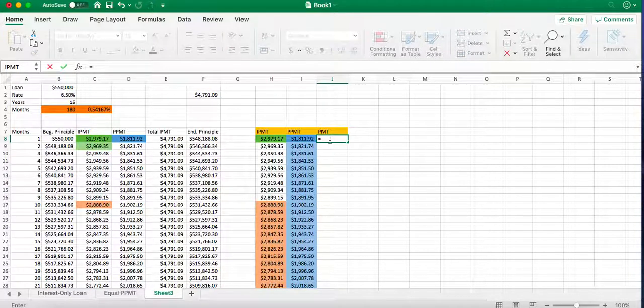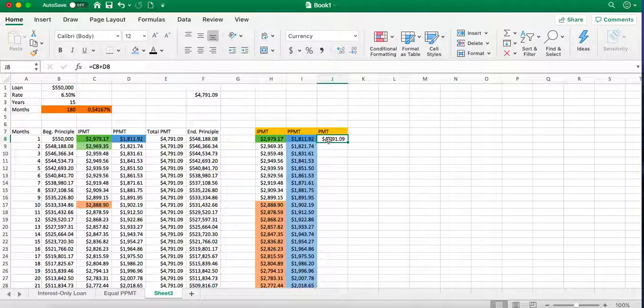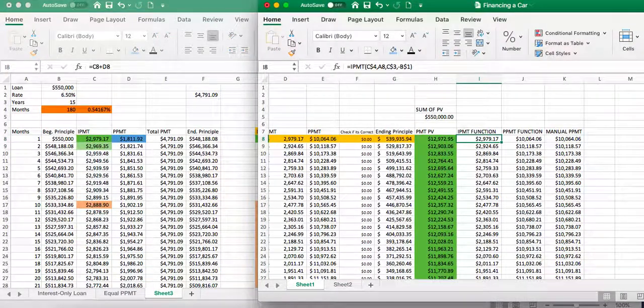So in order to find out PMT, we're going to add the interest payment plus the principal payment.